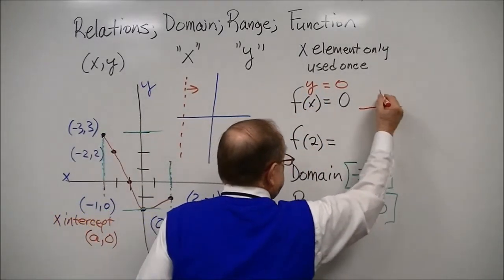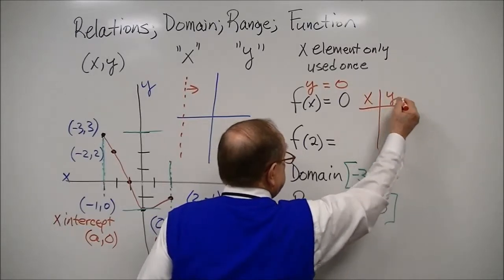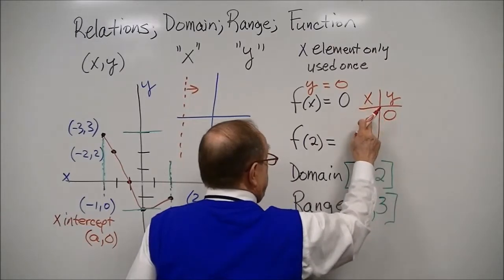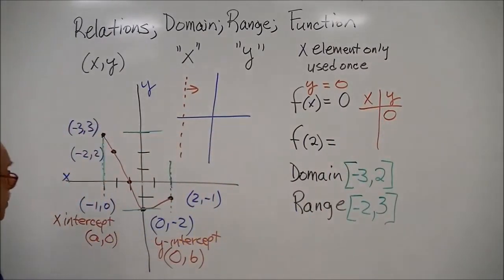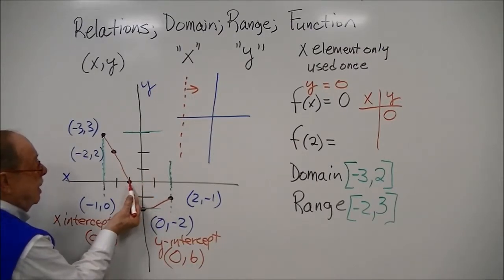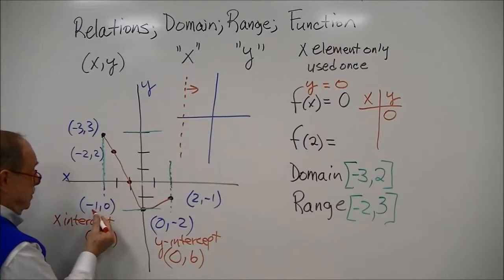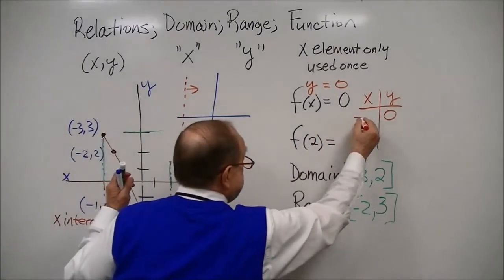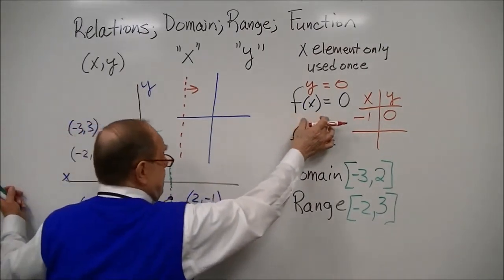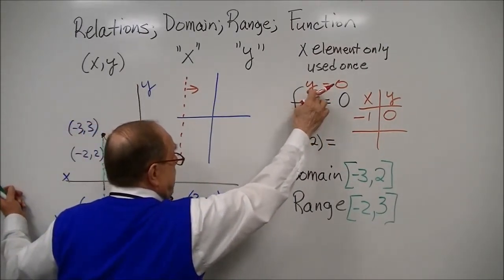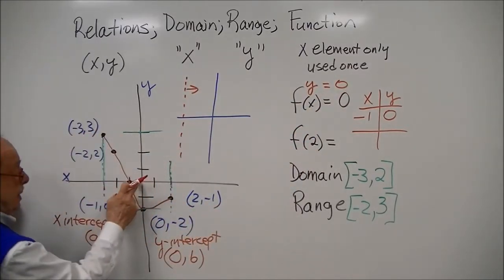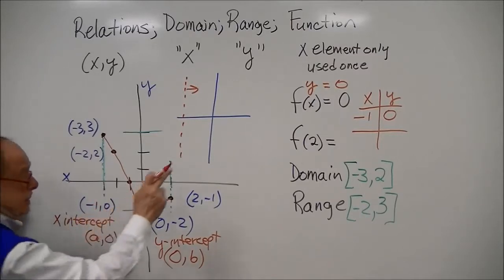For this, we often use a t-chart. Here we're saying y is 0. What will our x value be? Well, when y is 0, which is right there, our x value, you may recall, was -1. And that's what this would be. When y is 0, we recall right there, our x value is -1.